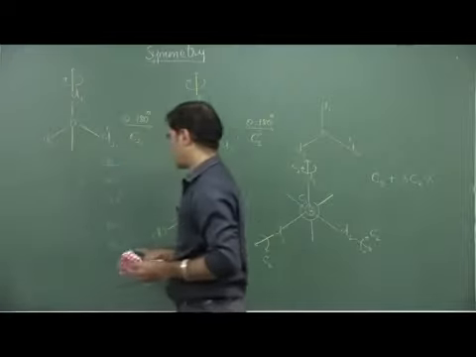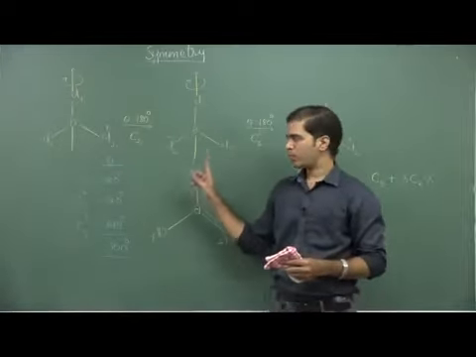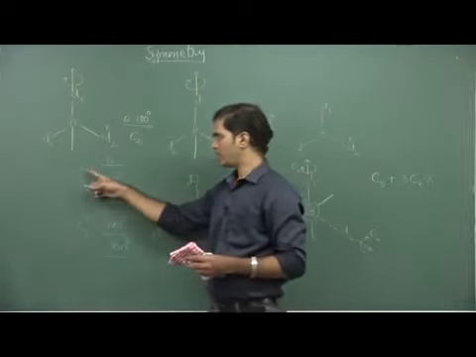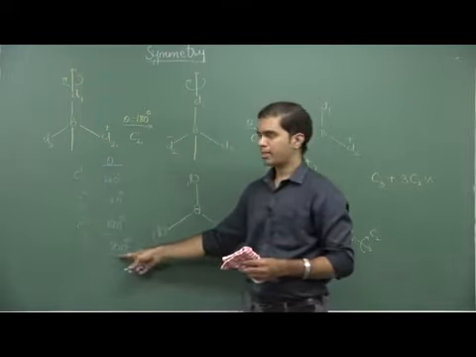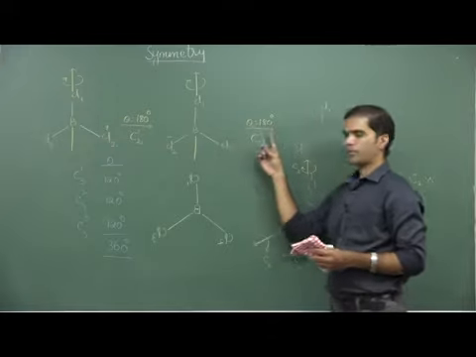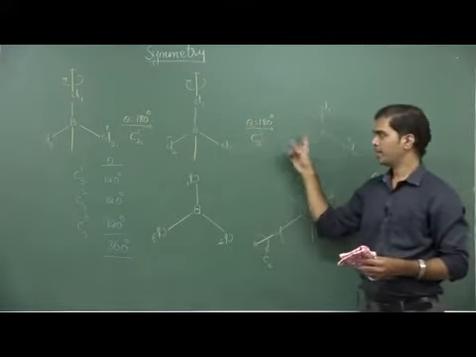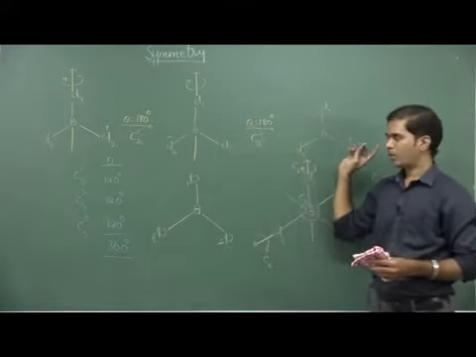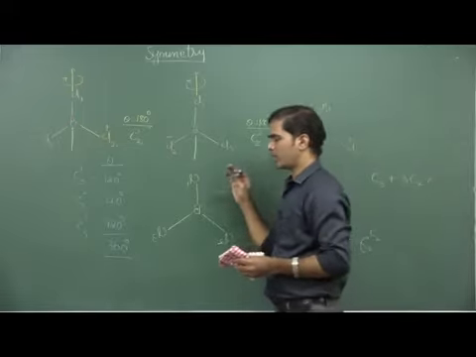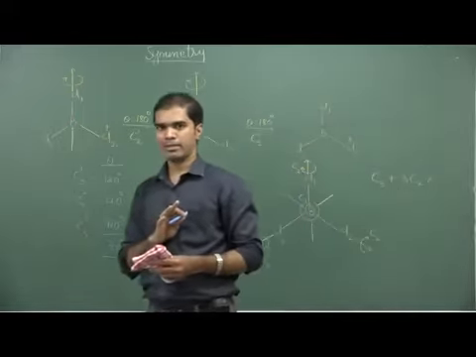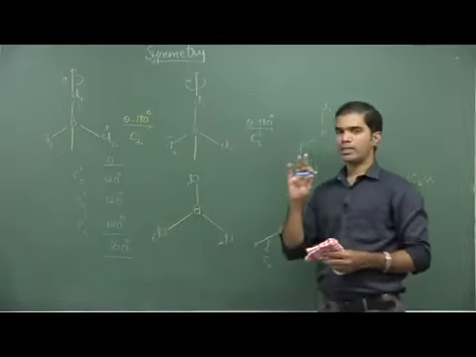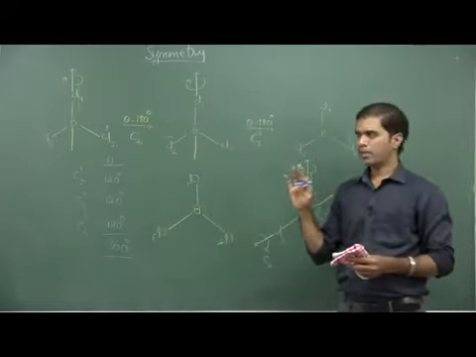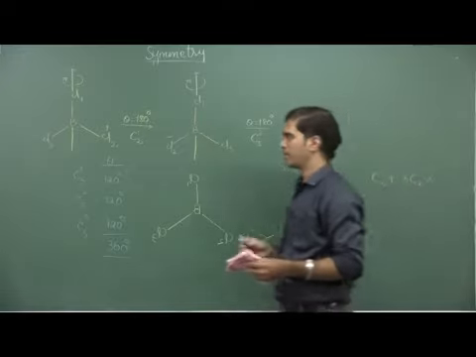There we got an identical structure. So when it was a C3, we operated for the first time, second time and third time to get an identical structure. If it is a C2, we operate 2 times and get an identical structure. We will also check with some other molecules. Suppose I have a C4 rotational axis, and if I get an identical structure after doing a C4^4 operation, then we will come to some conclusion.